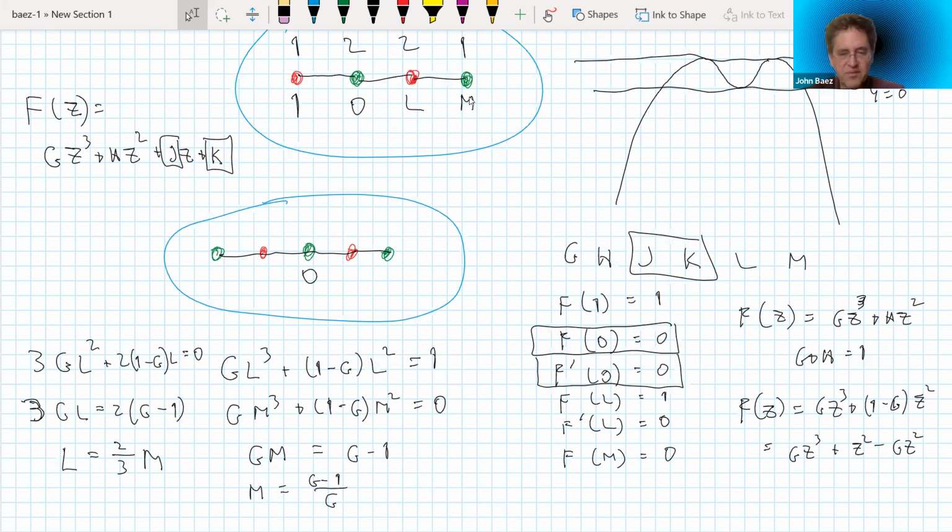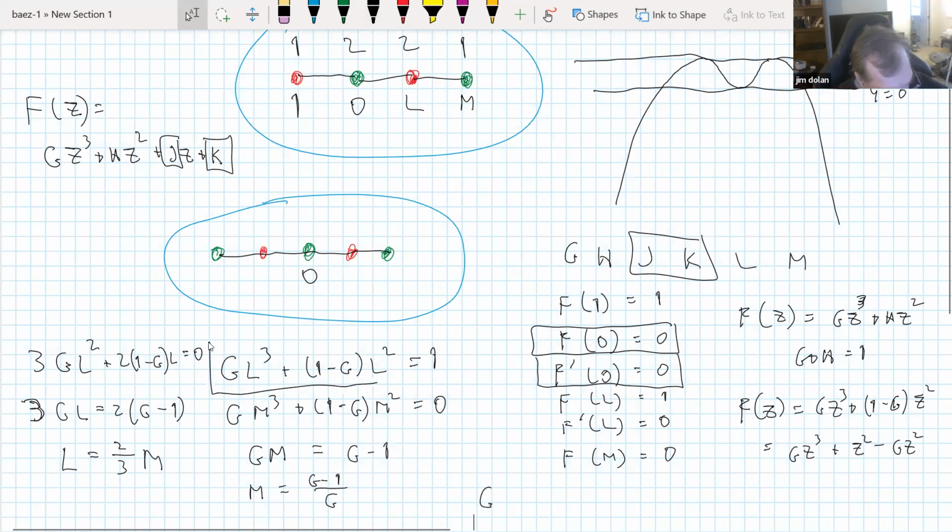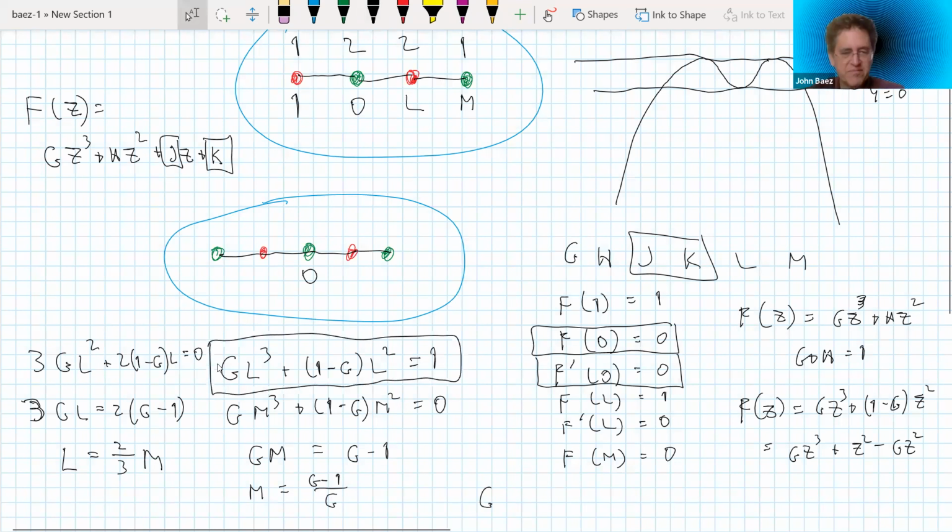That's what let us solve for m. Then f of L equals 1? We wrote it down, right here. Oh yeah, but we didn't do anything with it. Right, because it was too ugly to do anything with it at the time. So do something with it.